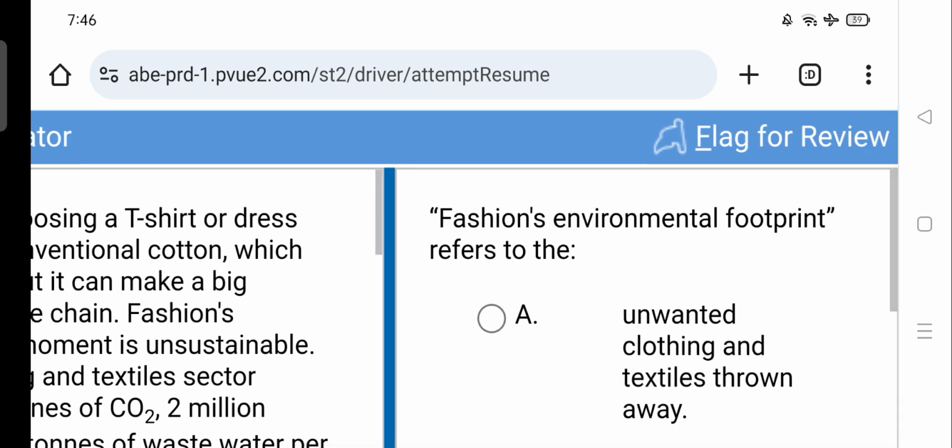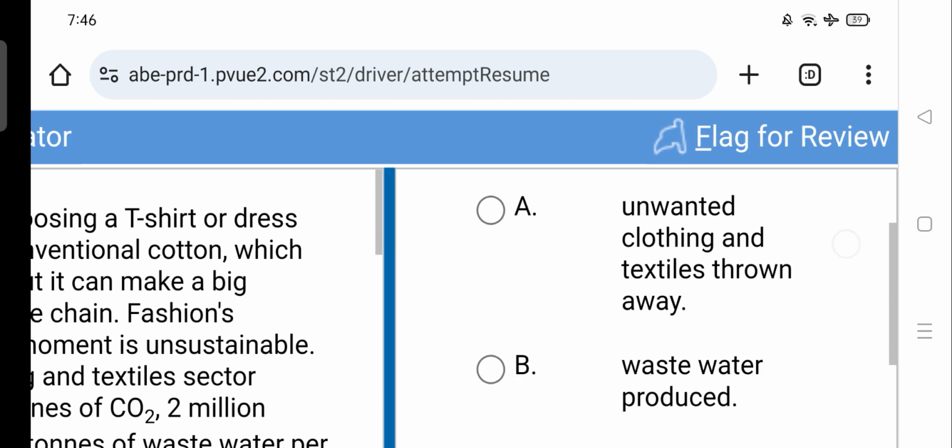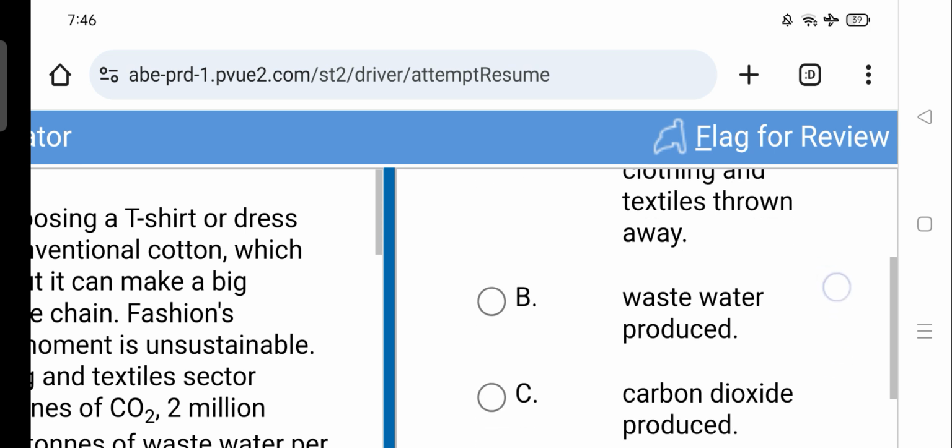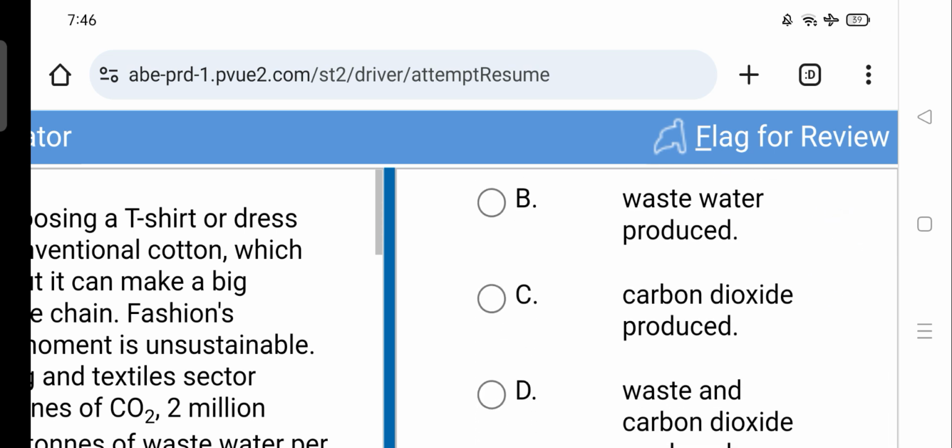Now next we have question number 9. It says fashion's environmental footprint refers to: option A, unwanted clothing and textiles thrown away. Option B, wastewater produced.